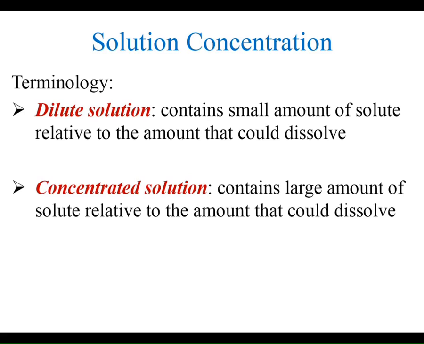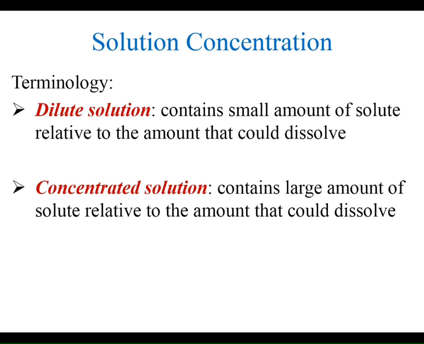If you say it's concentrated acid, that means there's relatively a lot of solute. But those are very qualitative terms. They don't really have a numerical value. Dilute is just a very small amount compared to the solvent. Concentrated is a lot of it compared to the solvent.